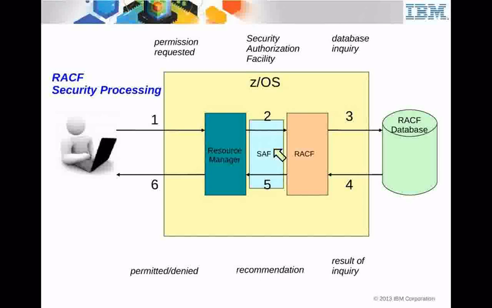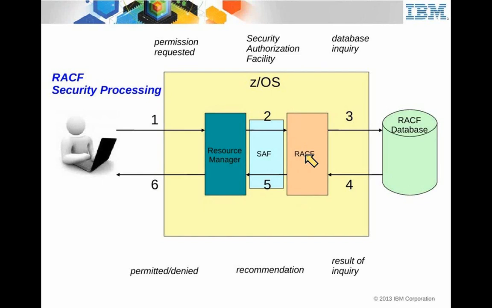If RACF is installed, it will access RACF through system authorization, and RACF will do a database query, and give the results of the query back to SAF. SAF makes a standard return back to the caller, and the permission is either denied or permitted based on what the recommendation was.